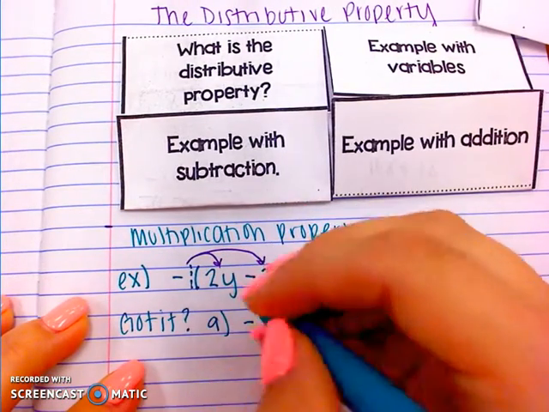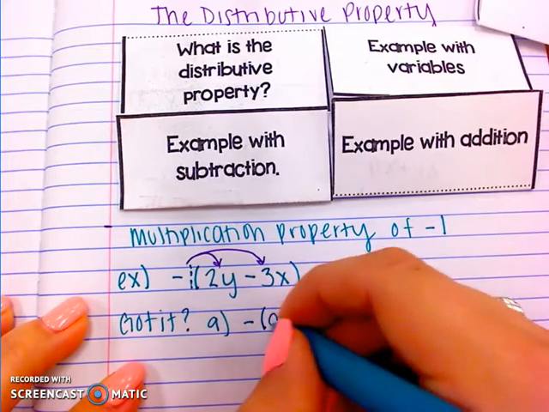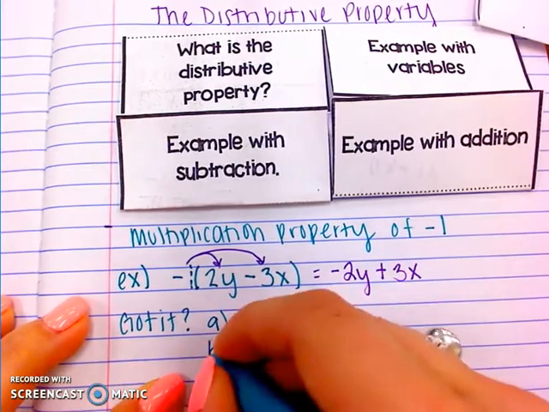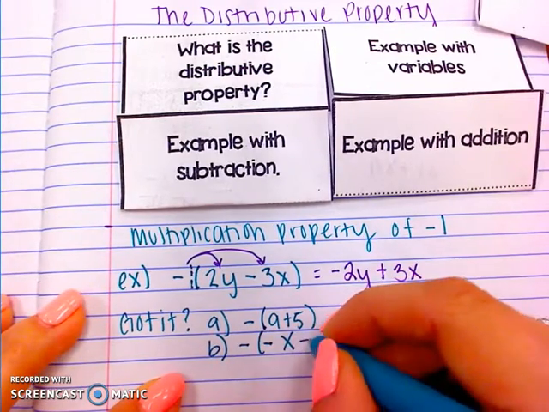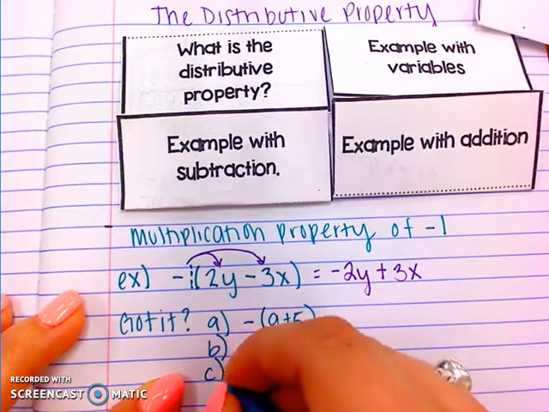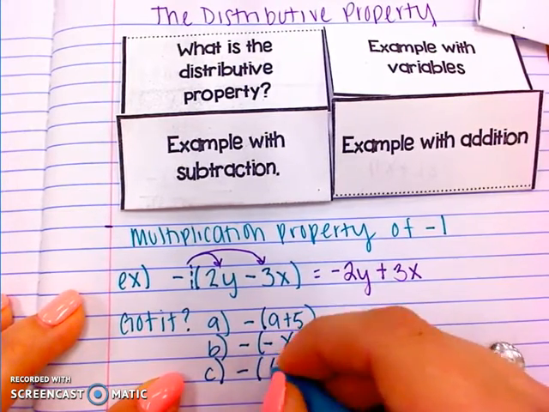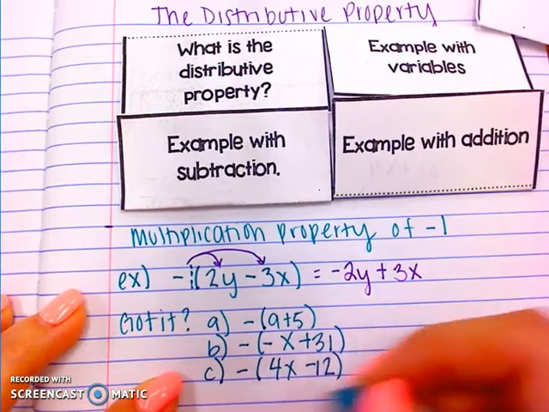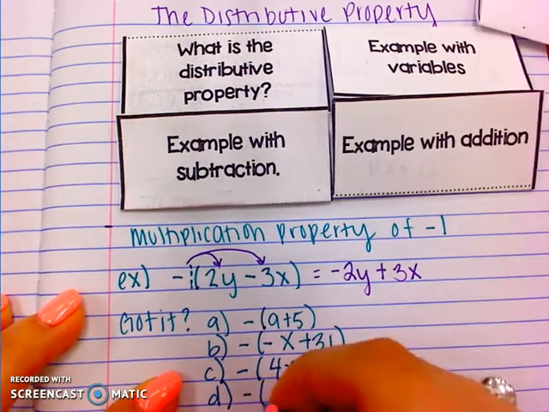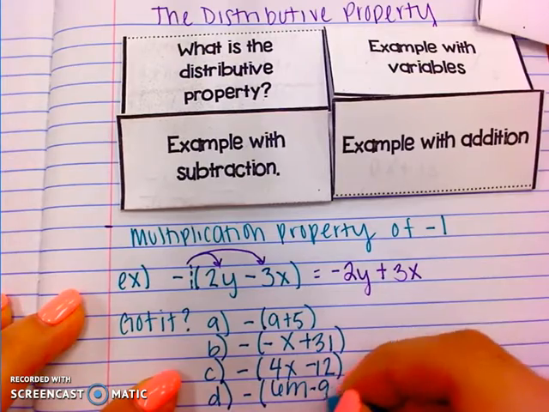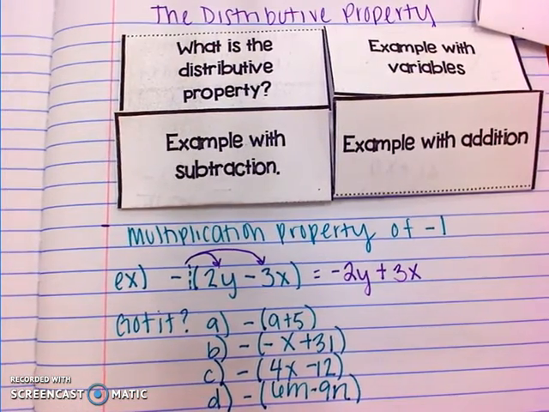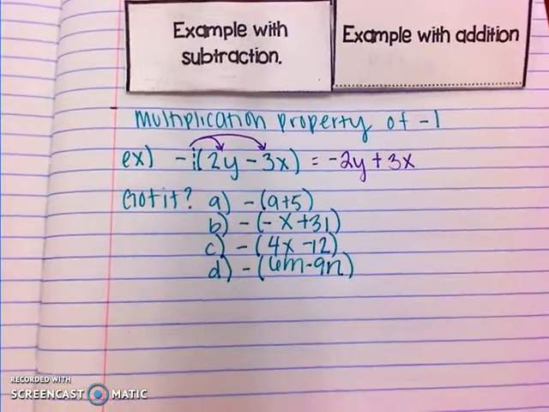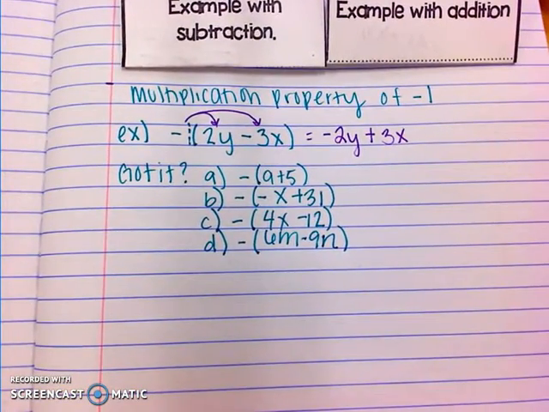Do negative (a plus 5), negative times (negative x plus 31), negative (4x minus 12), and (6m minus 9n). Okay? Pause the video so that you can do those, and then play when you're finished.